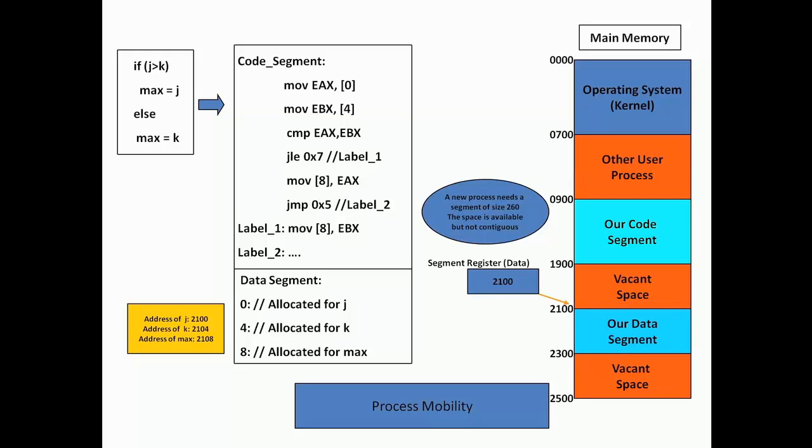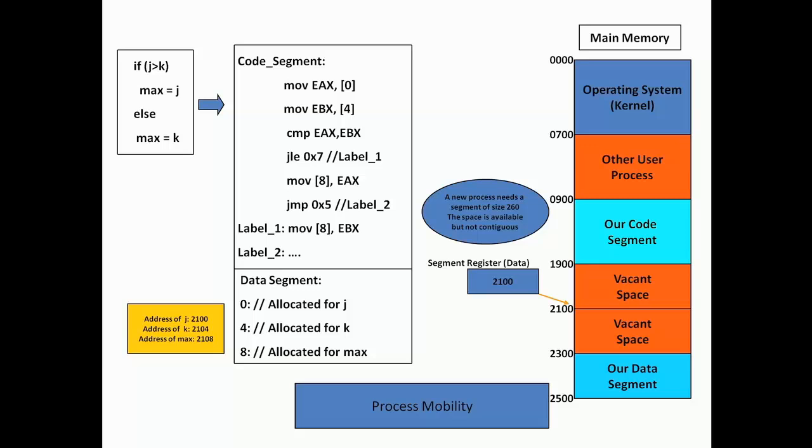So, what do I do now? I moved my data segment down. So, this was how my data segment looked. Please note that the blue data segment at 2100, I moved it down. I just copied the content from 2100 to 2300 to 2301 to 2500.